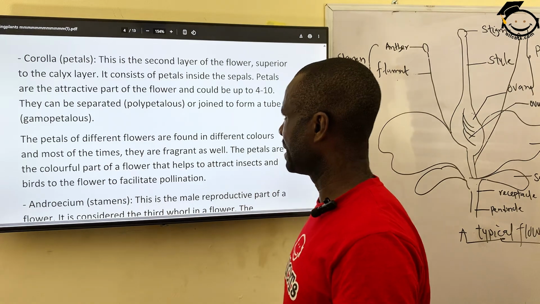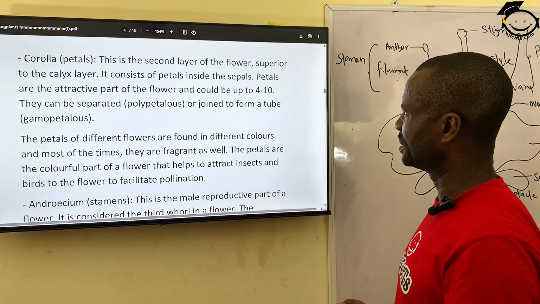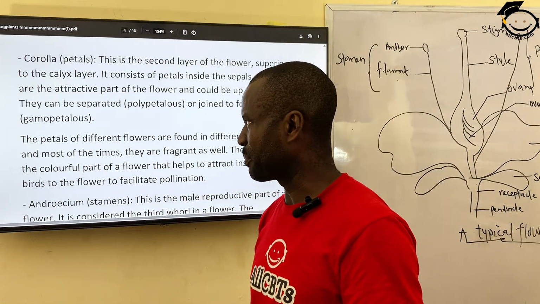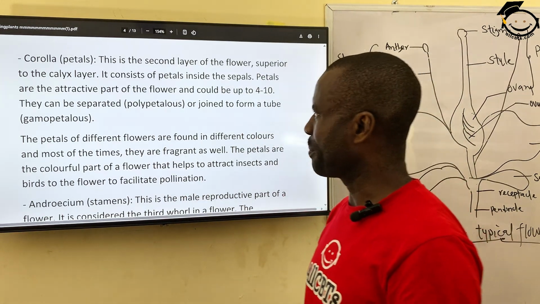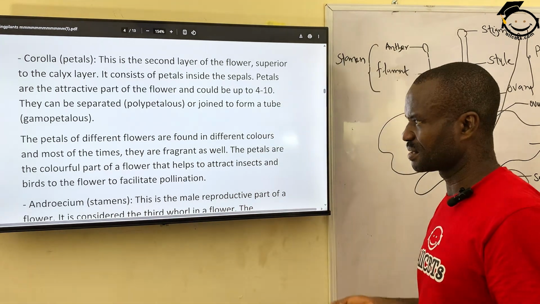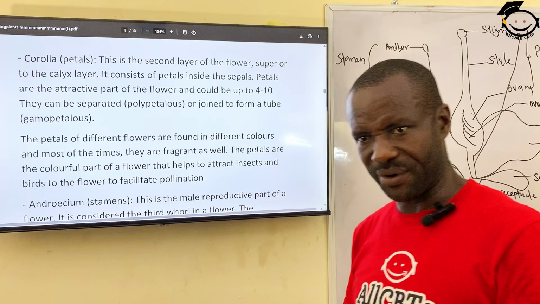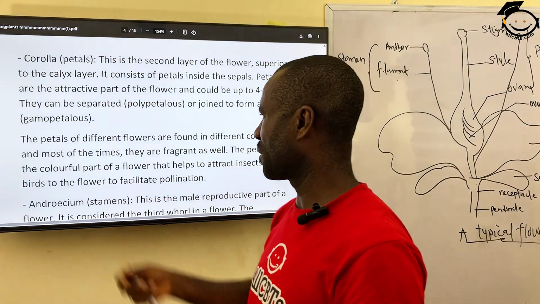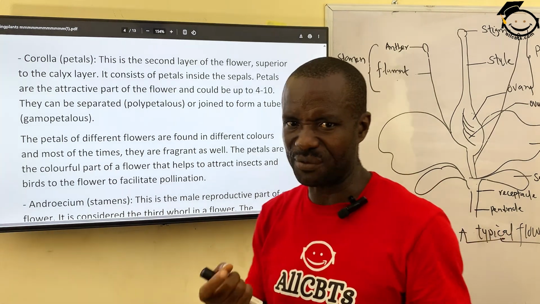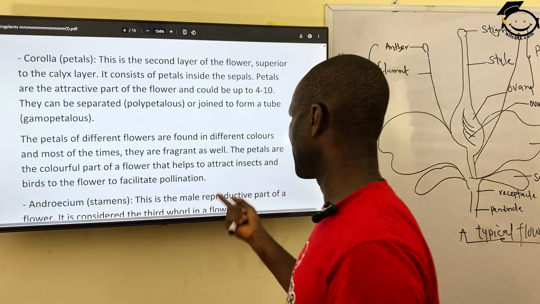They can be separated, that is polypetalous, or joined to form gamopetalous. The petals of different flowers are found in different colors. Different flower, different colors. And most of the time, they are fragrant. Fragrant means they often have a scent.